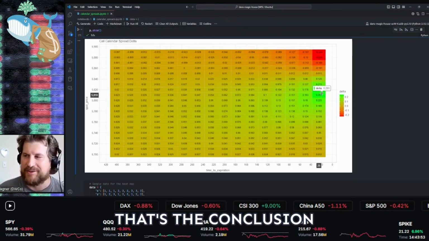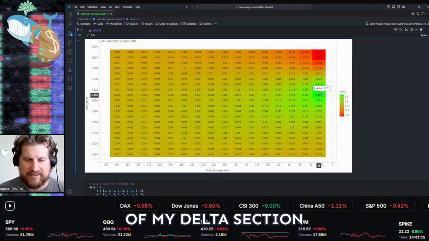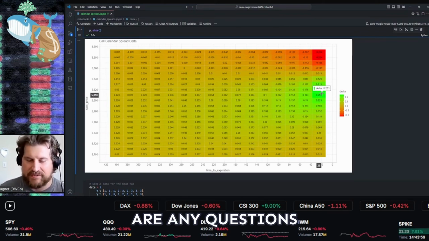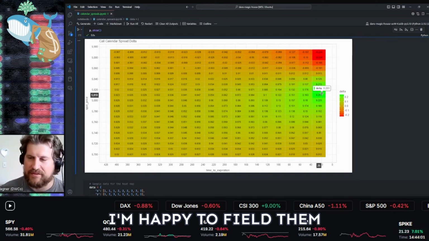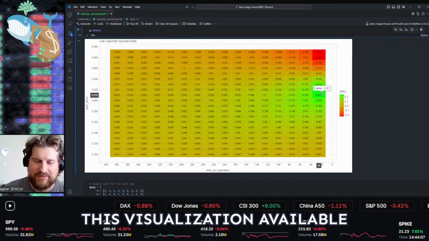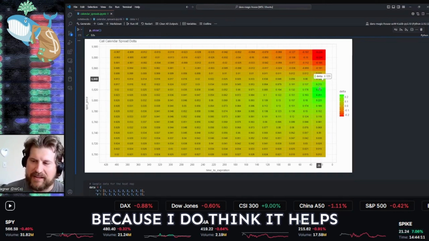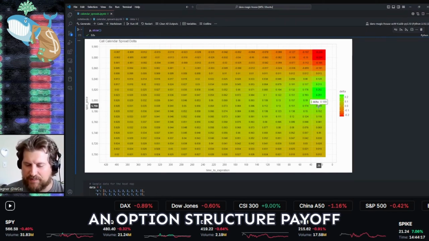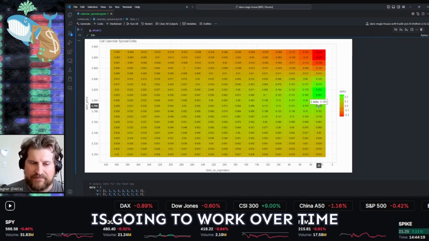That's the conclusion of my delta section. If there are any questions, I'm happy to field them. And I am also working on a way to make this kind of visualization available, because I do think it helps build up your intuition about how an option structure payoff is going to work over time.